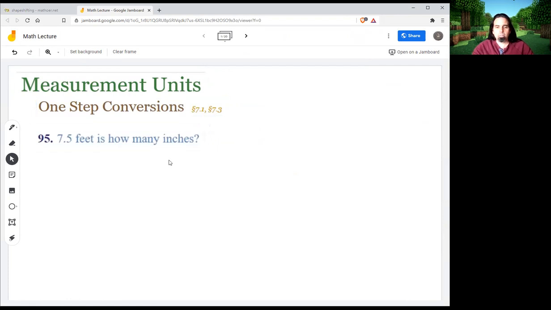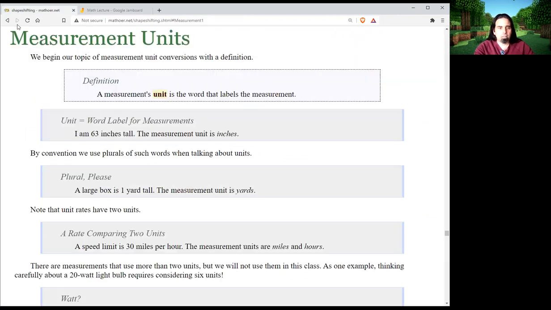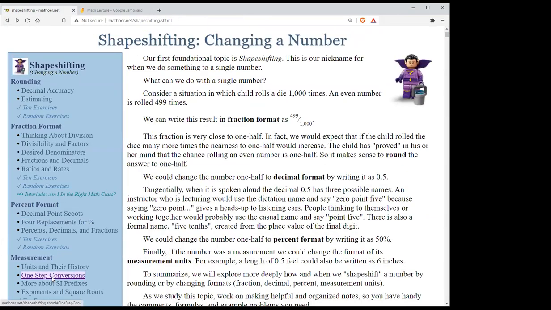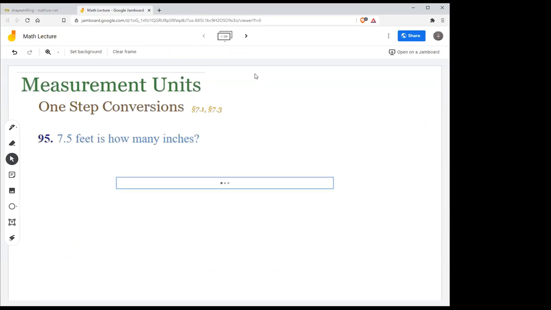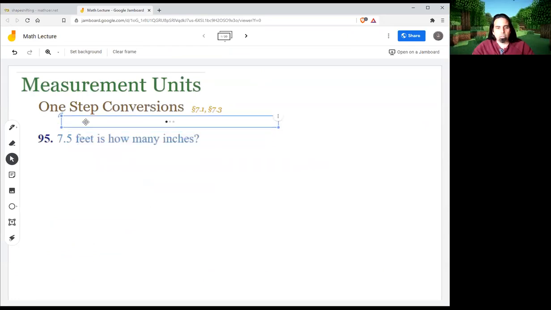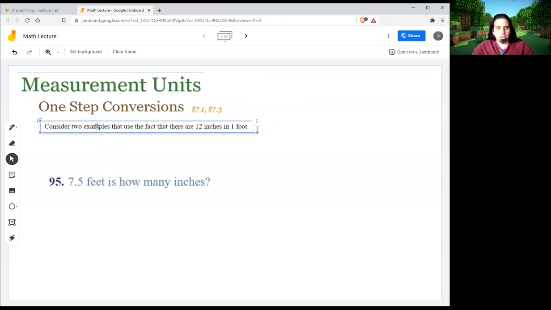If we multiply by 12, then we're going to get something bigger. If we divide by 12, we'll get something smaller.